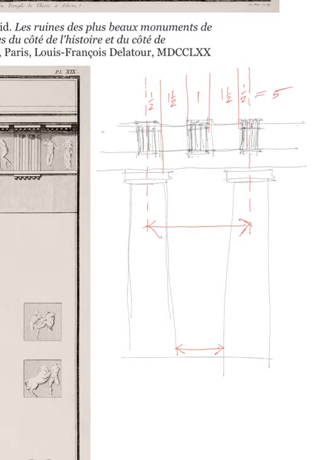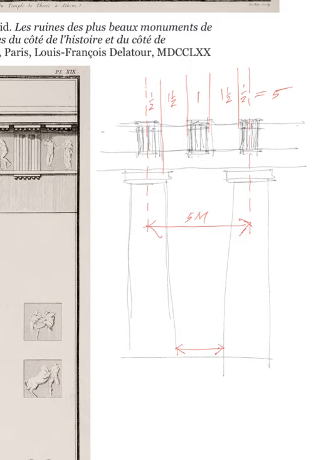So the interaxial spacing is 5 modules. So we've discovered yet another very important design informant for the Doric temple, and that is the interaxial spacing.